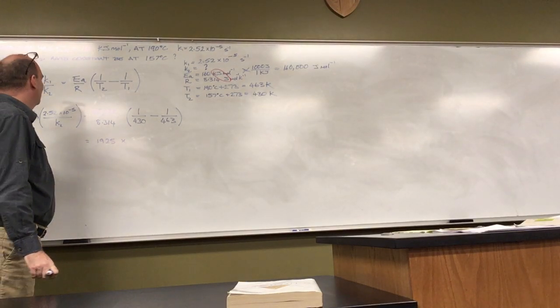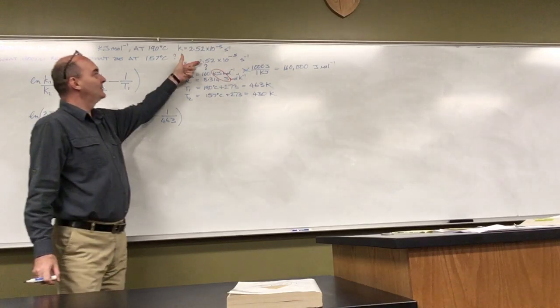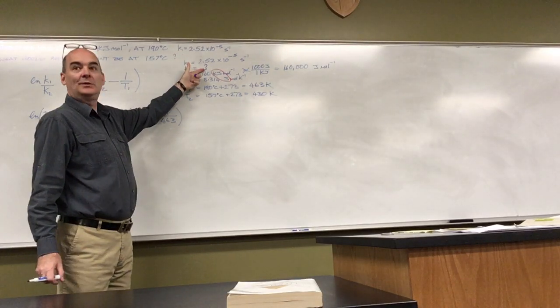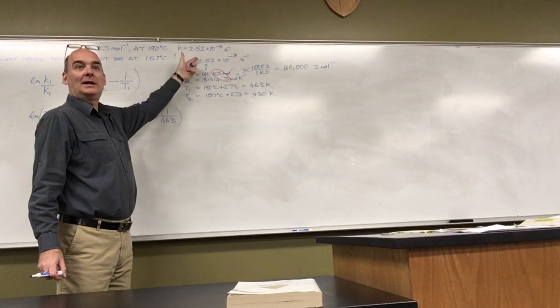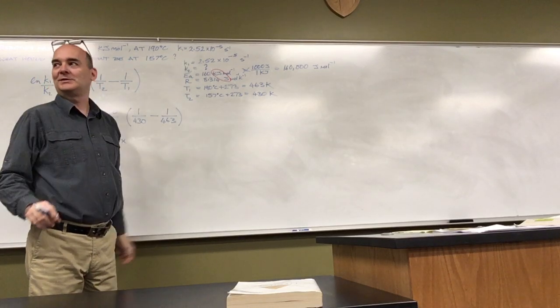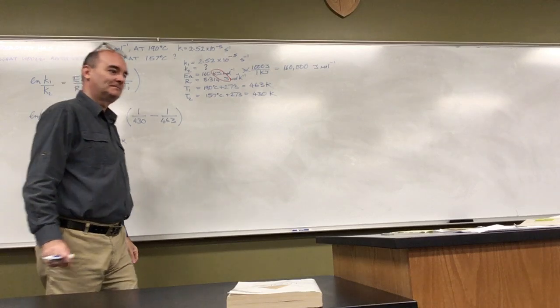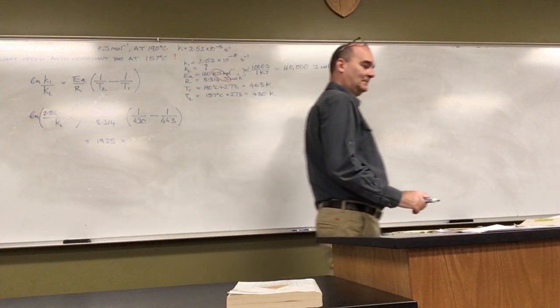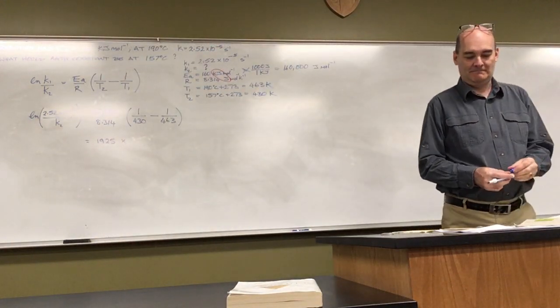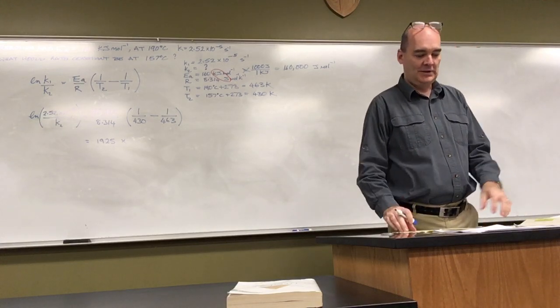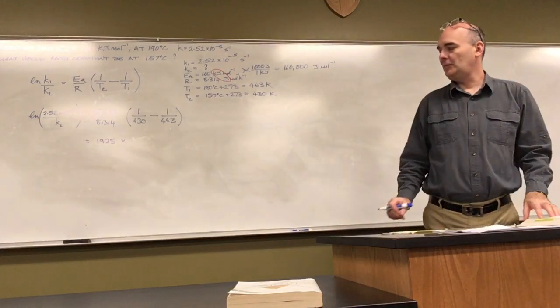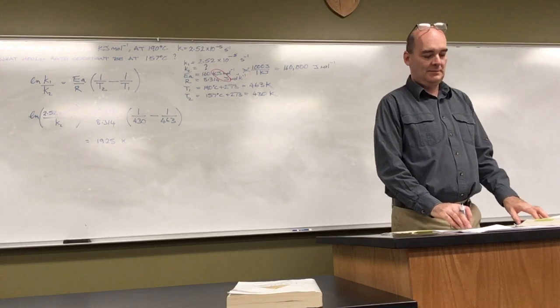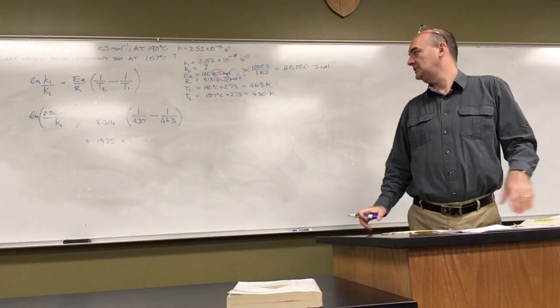I did it the opposite way around. I made this be K2, and I had K1 be my number that was missing. So what is 1 over 430 minus 1 over 463?